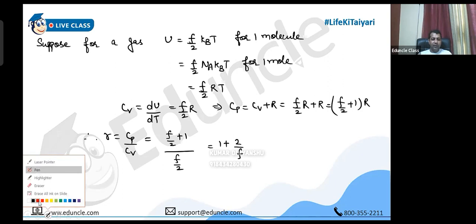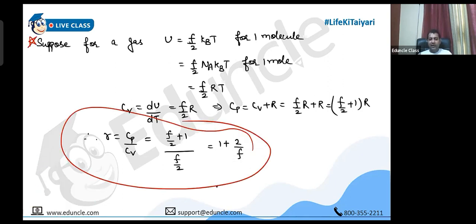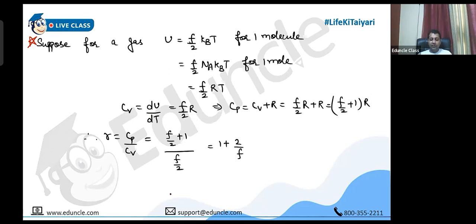You can mark this as an important shortcut. Now with the help of this formula, I will calculate gamma for various gases. F is degrees of freedom. That's why it is F/2 kT.